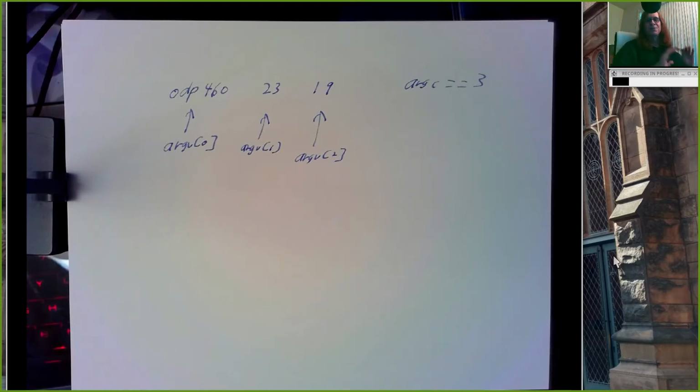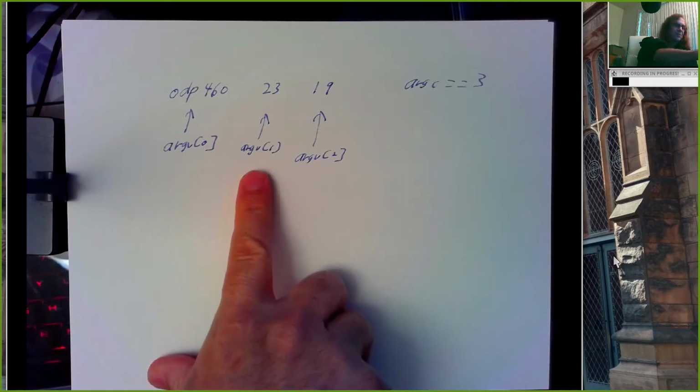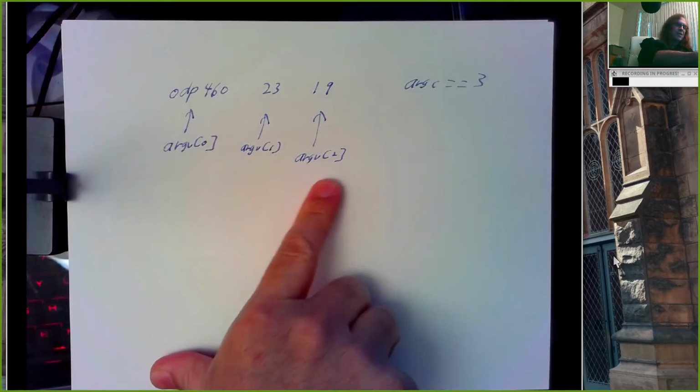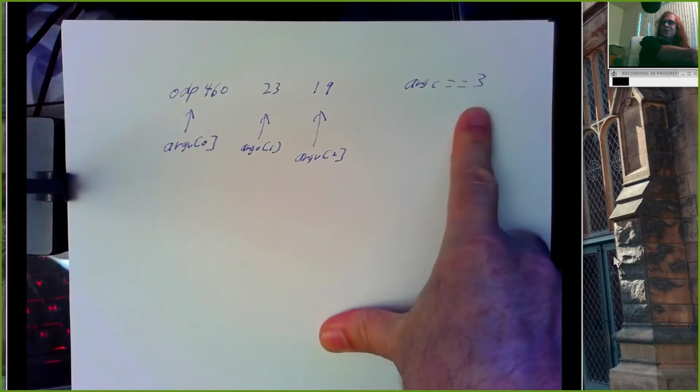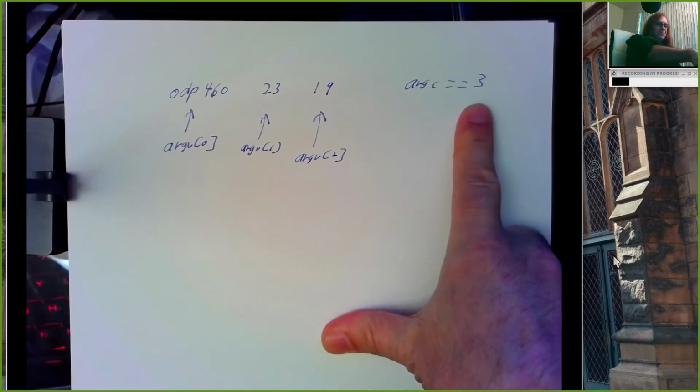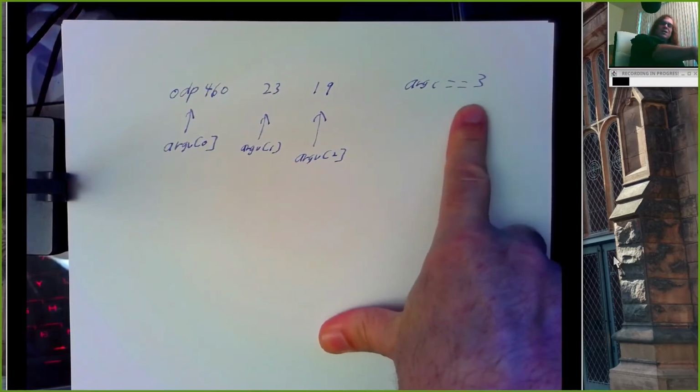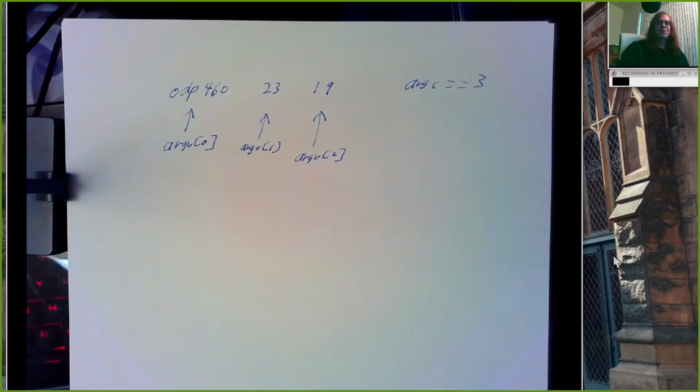If it's not 3, you're done. Print error and exit. If you start trying to look at argv bracket 1, argv bracket 2 before you check argc, you're going to seg fault. So first thing you want to do, check argc. If it's 3, continue. If it's not 3, error and exit.